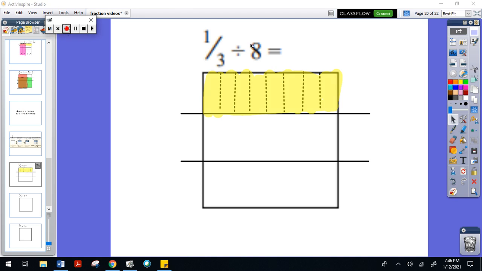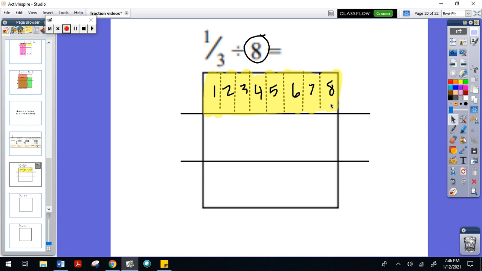So now what I have is I have partitioned that 1/3 into 8 pieces. Okay, so we can see 1, 2, 3, 4, 5, 6, 7, and 8. All right, so we have our 8 pieces there.